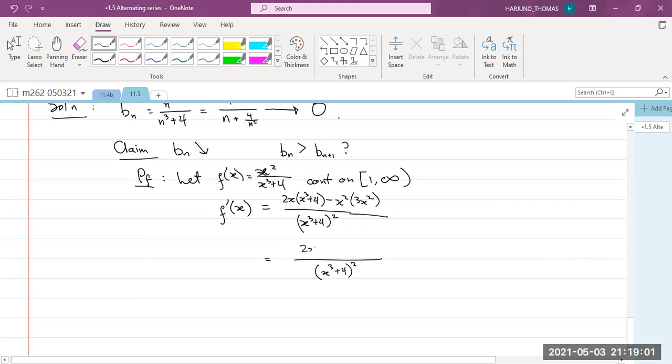This is 2x to the 4th plus 8x minus 3x to the 4th, which is 8x minus x to the 4th over x cubed plus 4 squared.